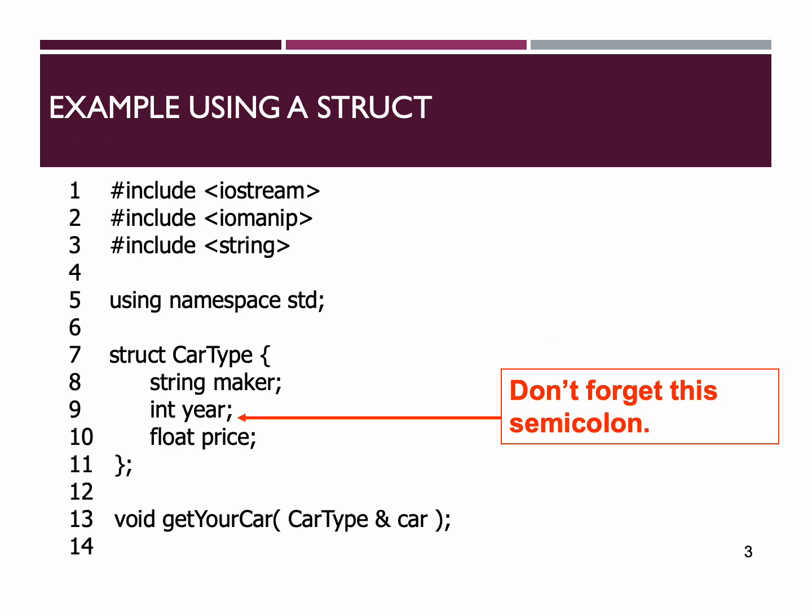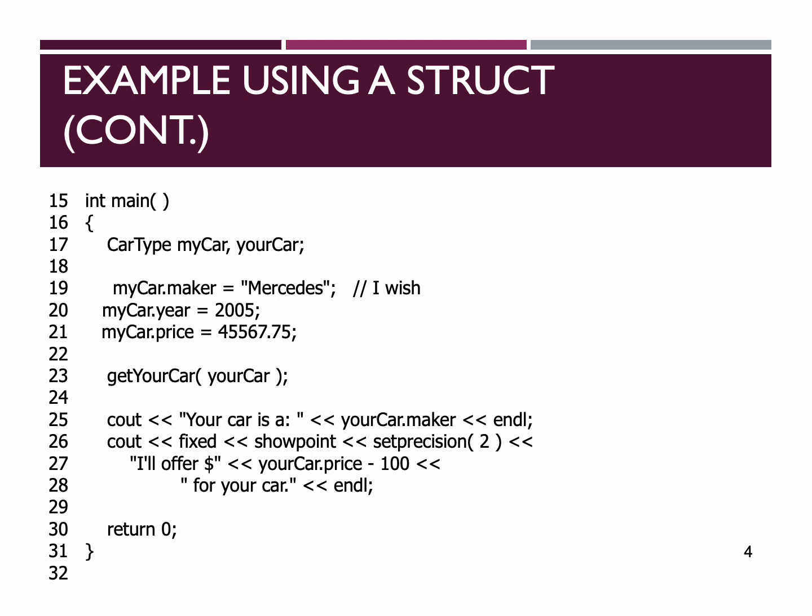Here we defined a structure car type where we have string maker, integer year and float price. Then we have the main function, integer main, where we are using this struct which is car type.